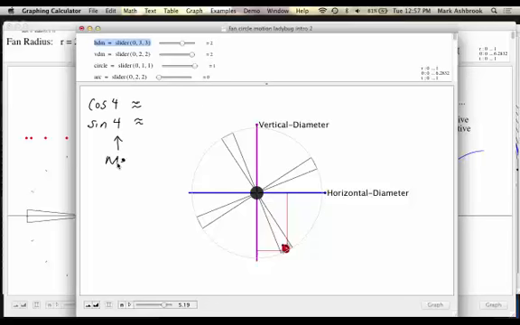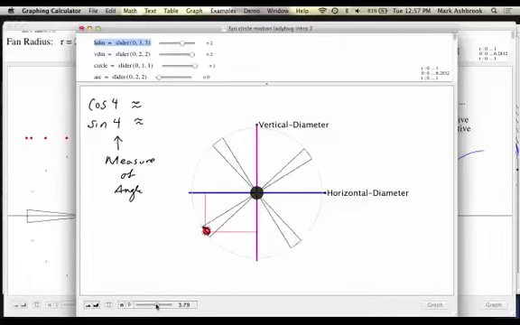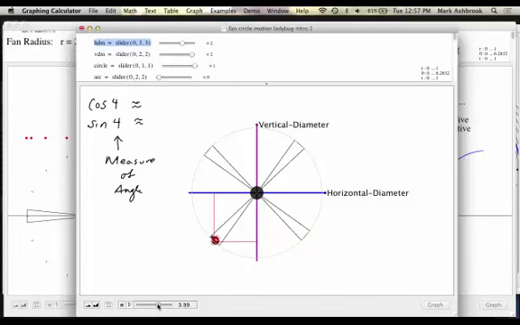Measure the angle. So, where is 4 radians? Third quadrant. It is right here.